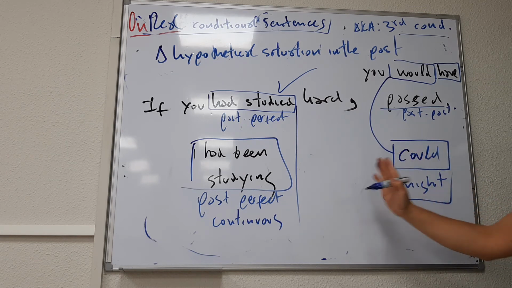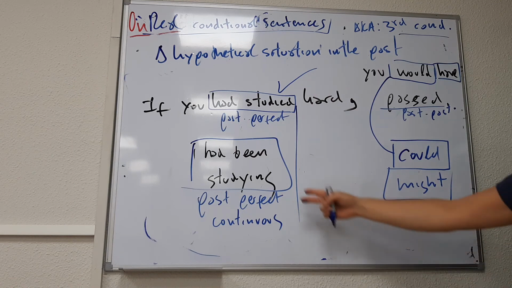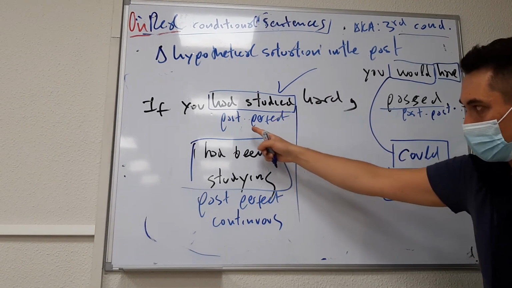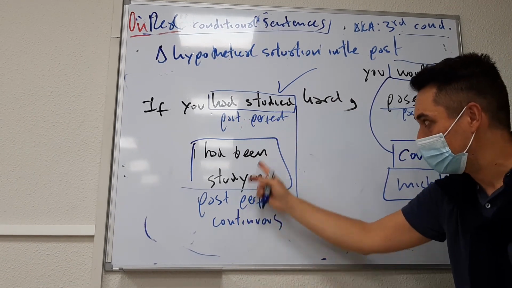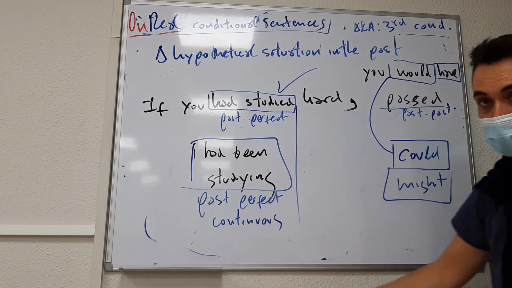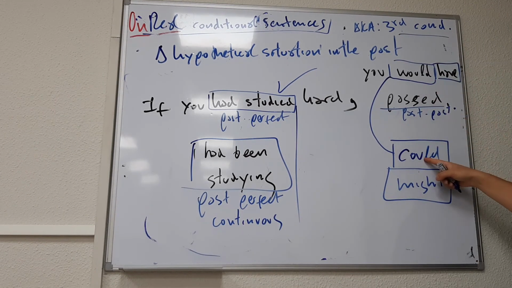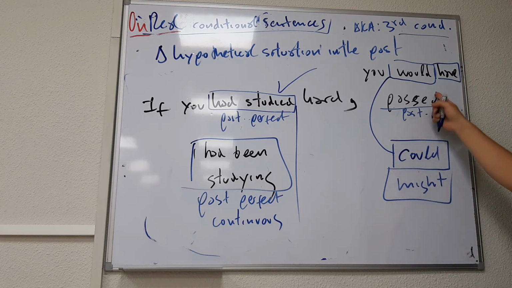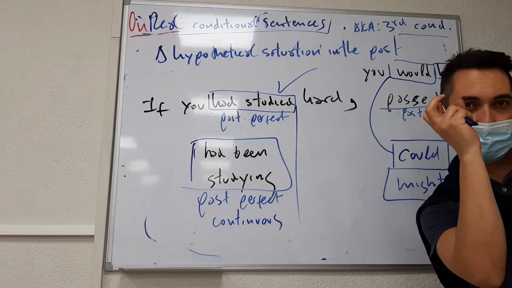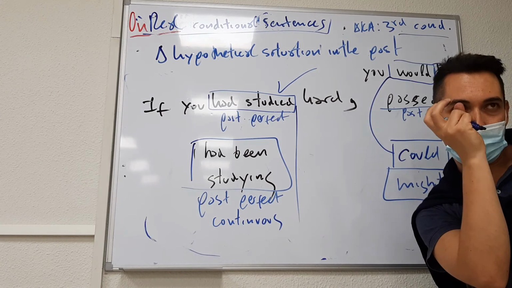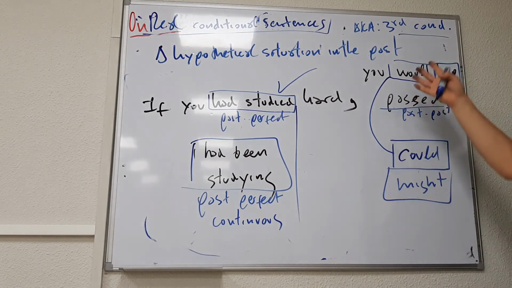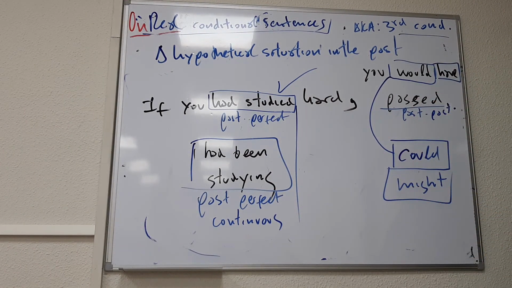So there is room for other tenses here, as long as they are past perfect simple or past perfect continuous. And then would, could, or might work. You could have passed, you might have passed. Again, slightly different meaning, but grammatically works.